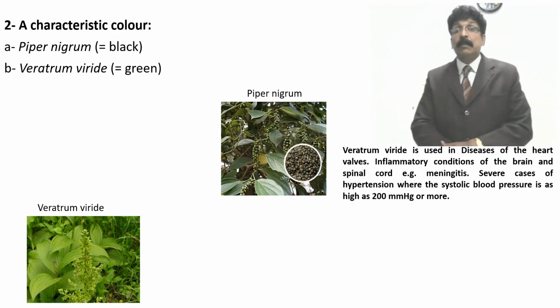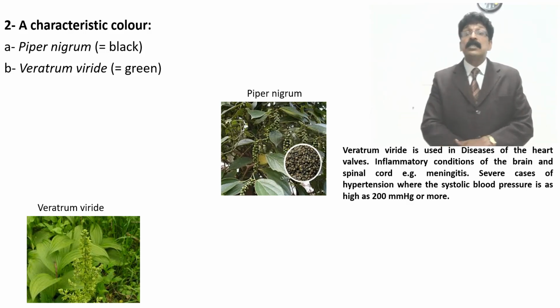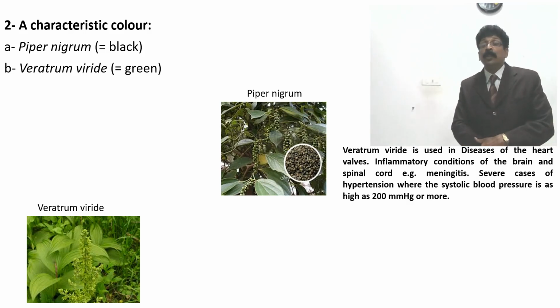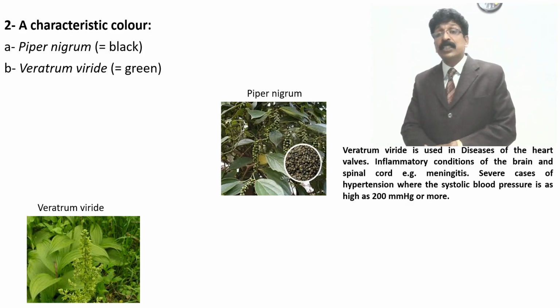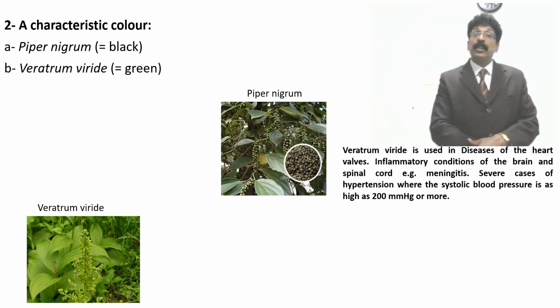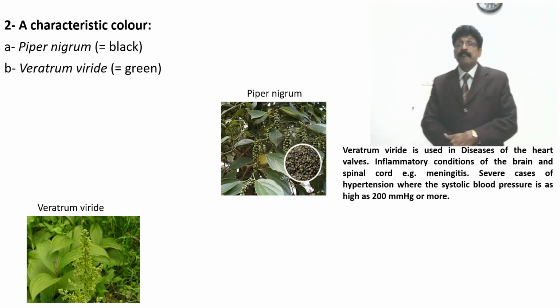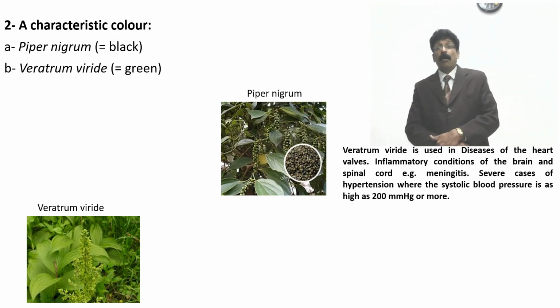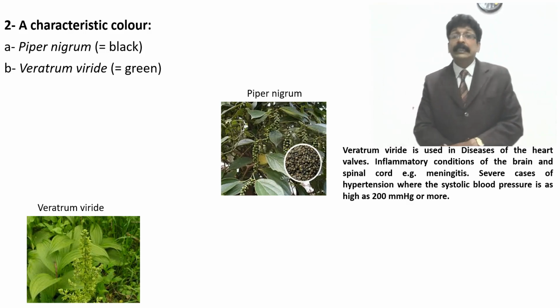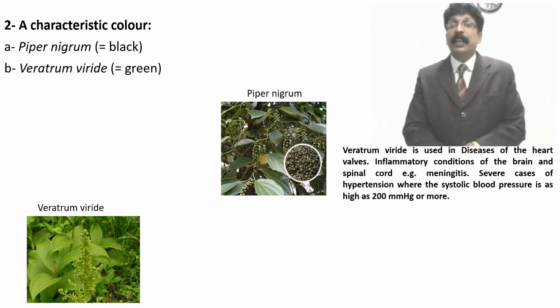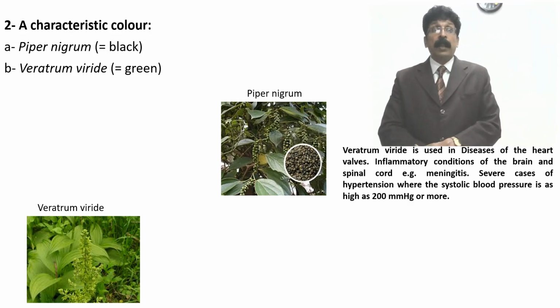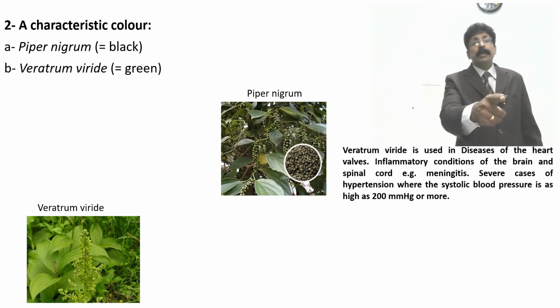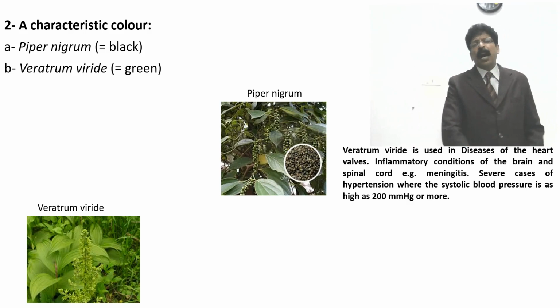In severe cases of hypertension, where the systolic blood pressure is as high as 200 mm of mercury or more, it can also be treated with Veratrum viride. This is a medicinal plant. So the green color stands for viride. The plant is green in color.